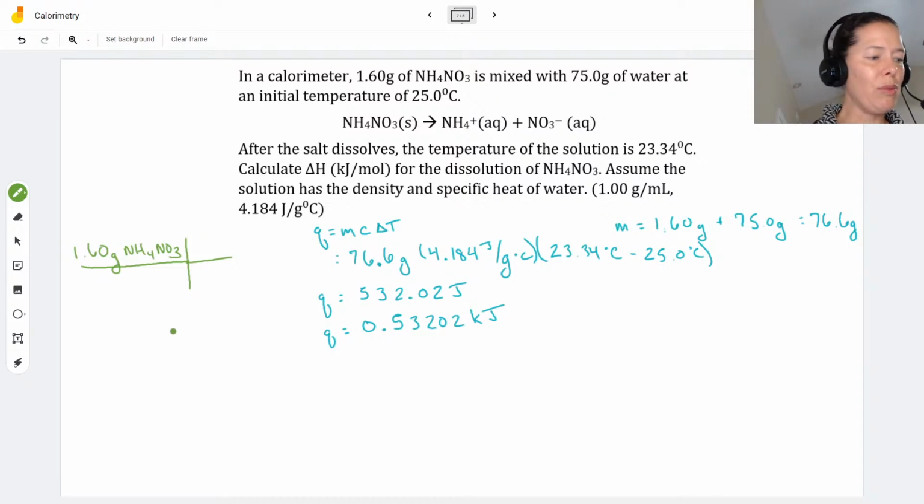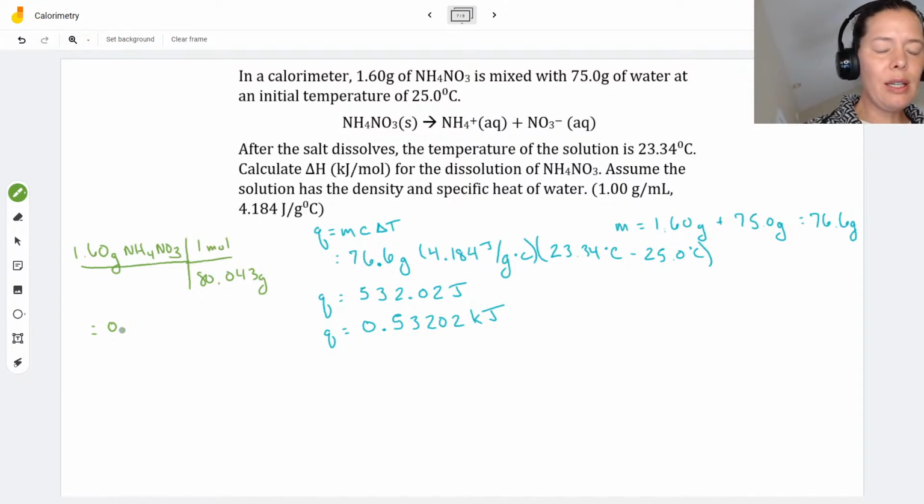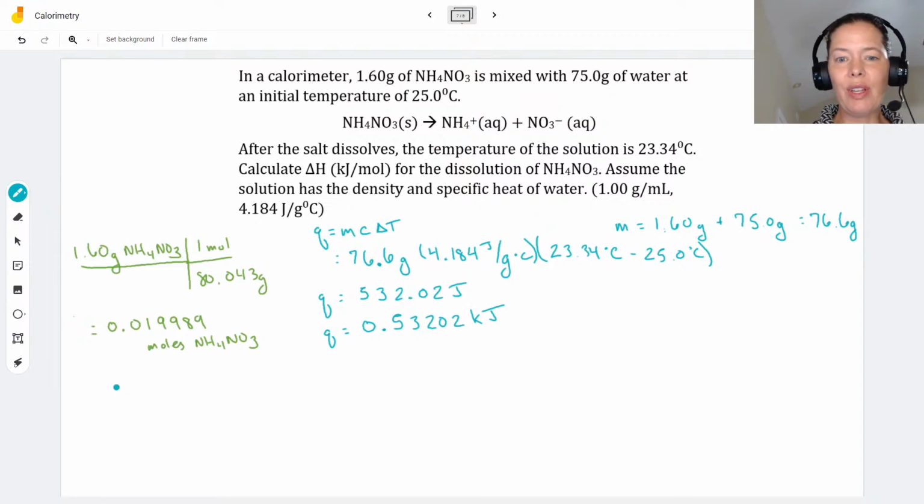So I just need my molar mass, which I have. And so I am going to get 0.019989. This is moles of ammonium nitrate. Okay, great. This one was actually easier to figure out moles than the previous one.